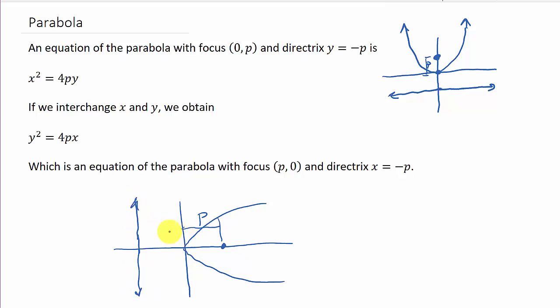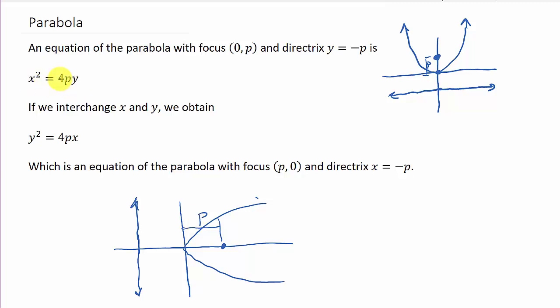Now, don't try to memorize, okay, I've got to add p to this to get the directrix, or subtract p to get the focus. The best thing to do is to just sketch out the information you're given, and it makes it a lot easier to work. And plus, not all the parabolas are going to have the vertex at 0, 0. Sometimes it may not.